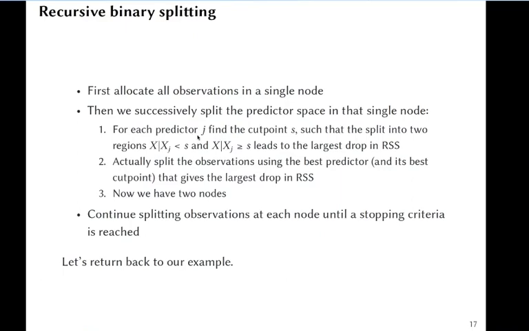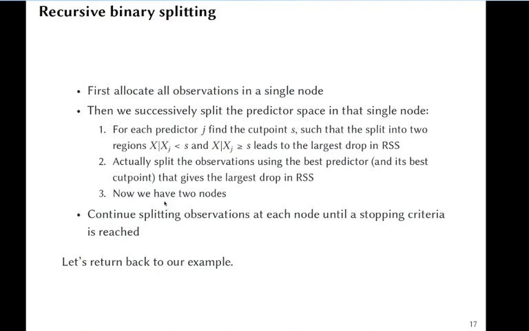For each predictor, it finds the cut point that maximizes the drop in the sum of squared residuals by splitting the data into 2 regions. Then it actually does the split by finding the best predictor with its best cut point that gives the largest drop. And now we have 2 nodes.